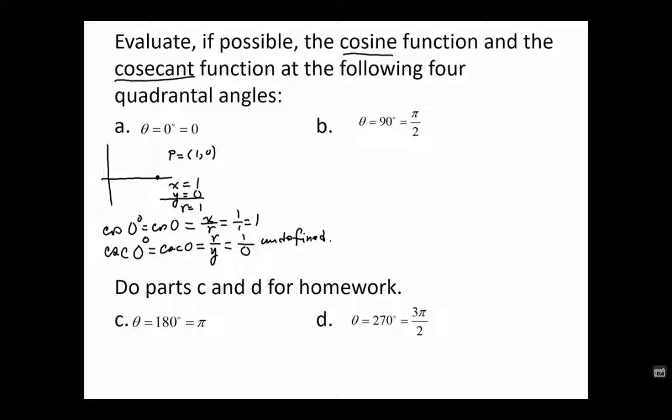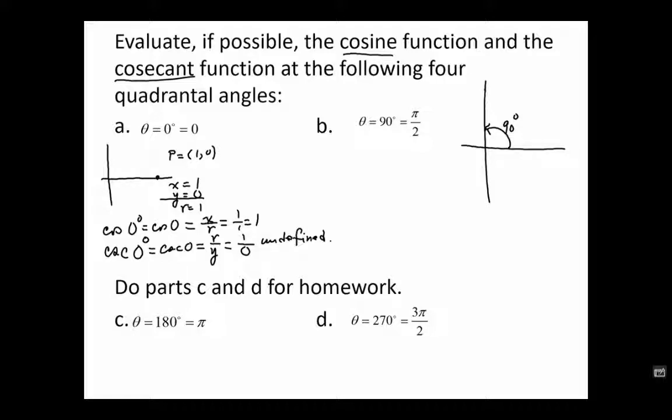In part B, the terminal side of the angle lies along the y-axis. So this is 90 degrees, or pi over 2.